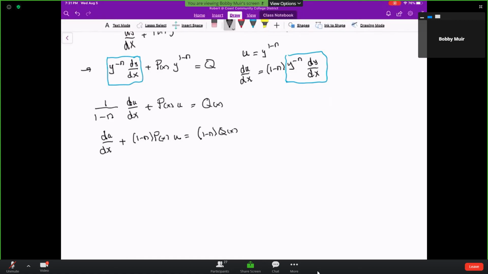So here, this is first order linear. The new p is 1 minus n p of x. He only has 3 exercises in there, so you might want to do that.